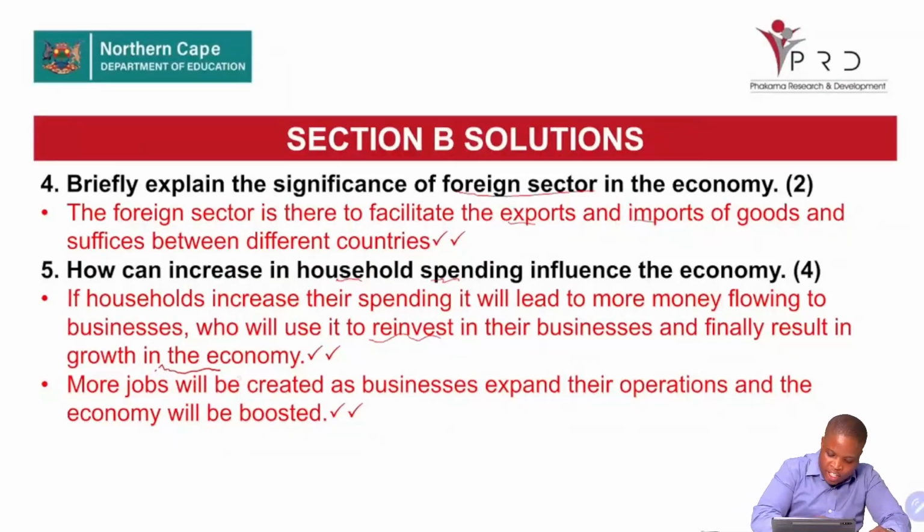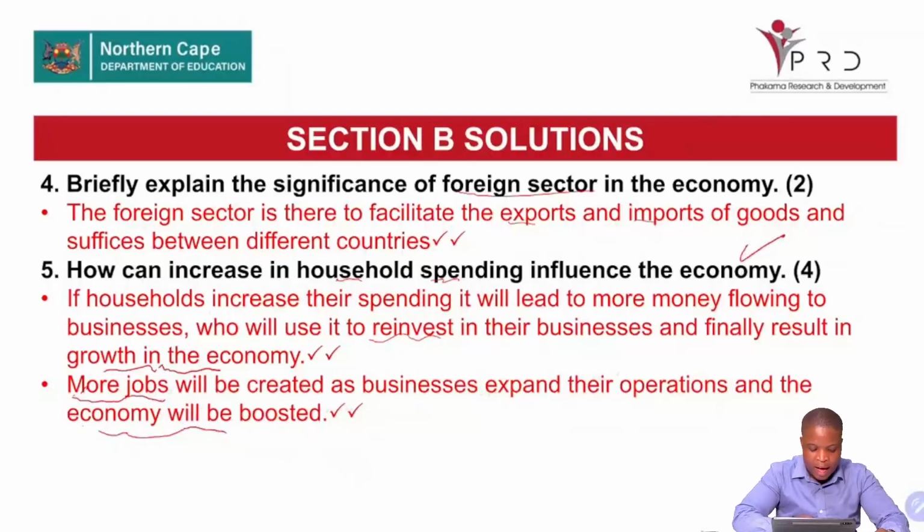For this growth of the economy and production to take place, people need to be hired. So more jobs will be created. When more jobs are created, that will boost our economy. So there will be more production, and then people's standard of living will improve. Then the economy will be boosted as well. So anything that is relevant to the question.